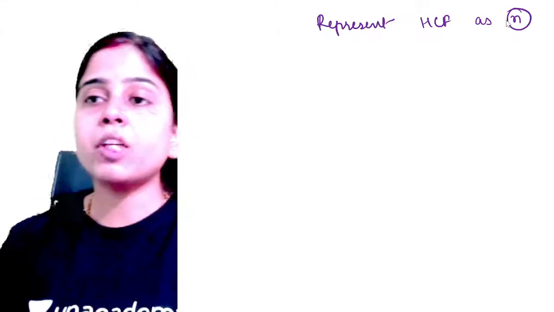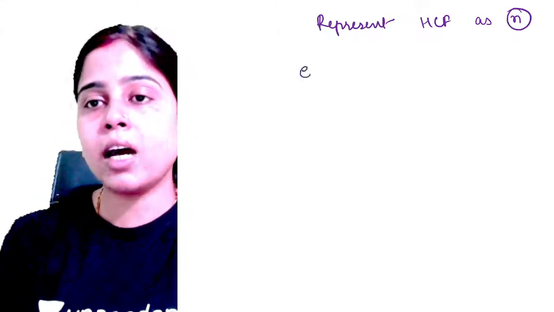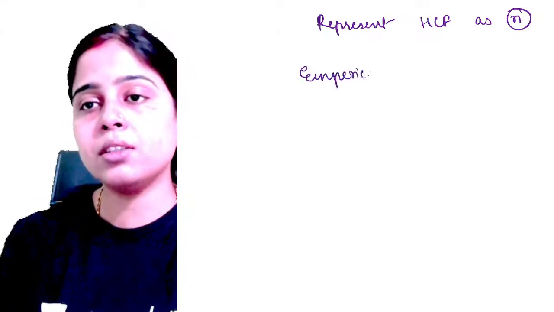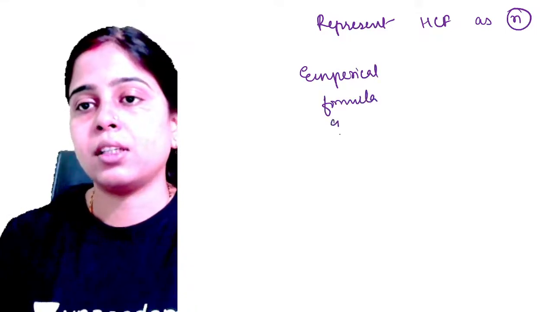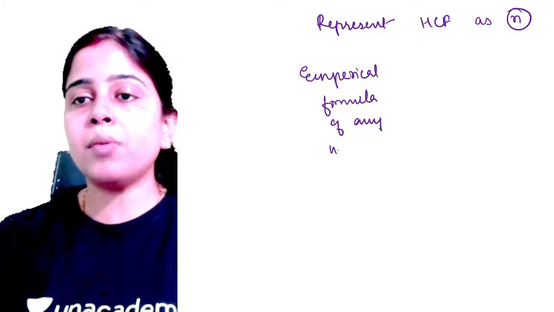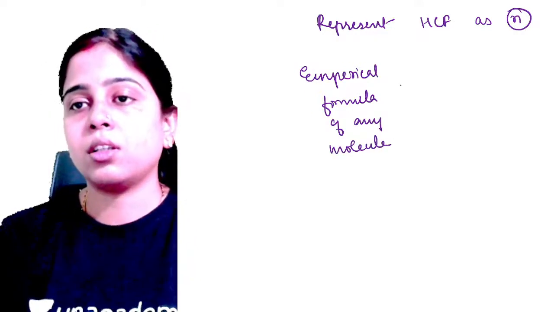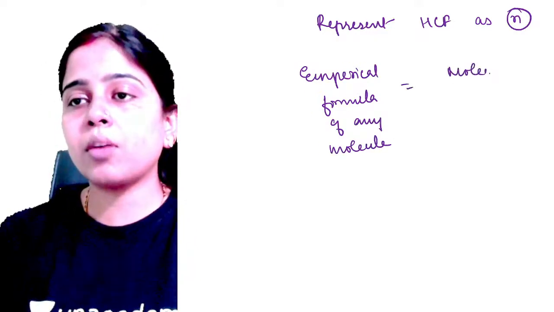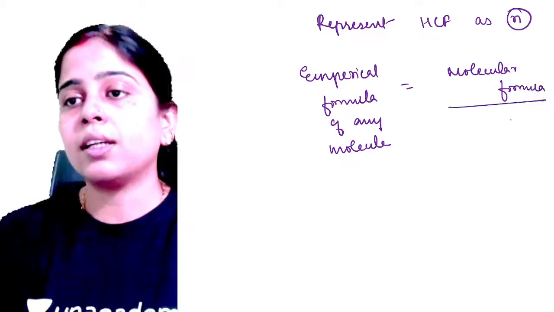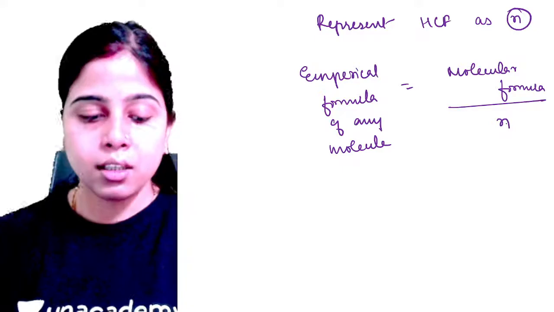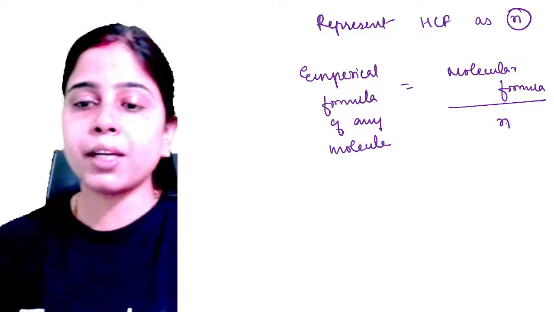Clear? So you have to represent the HCF as N, and how do we find the empirical formula? The empirical formula of any molecule is equal to the molecular formula divided by that N. This is how you find the empirical formula.